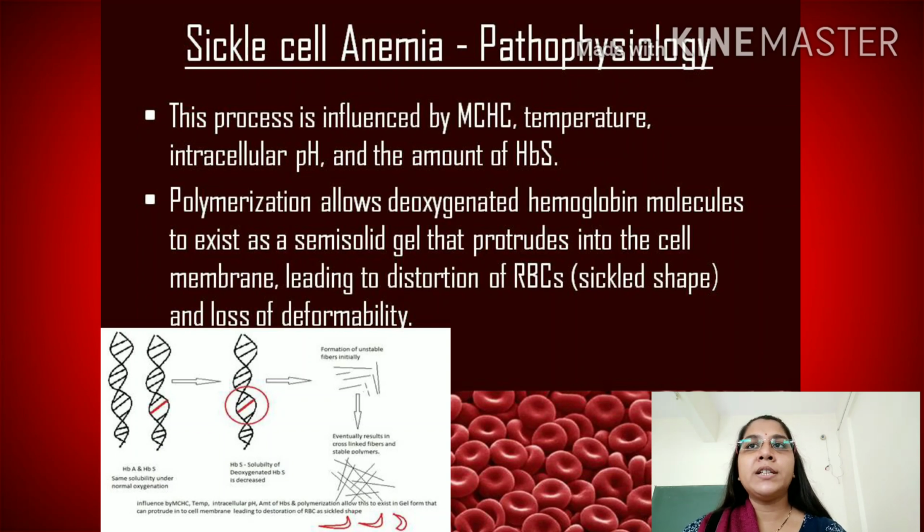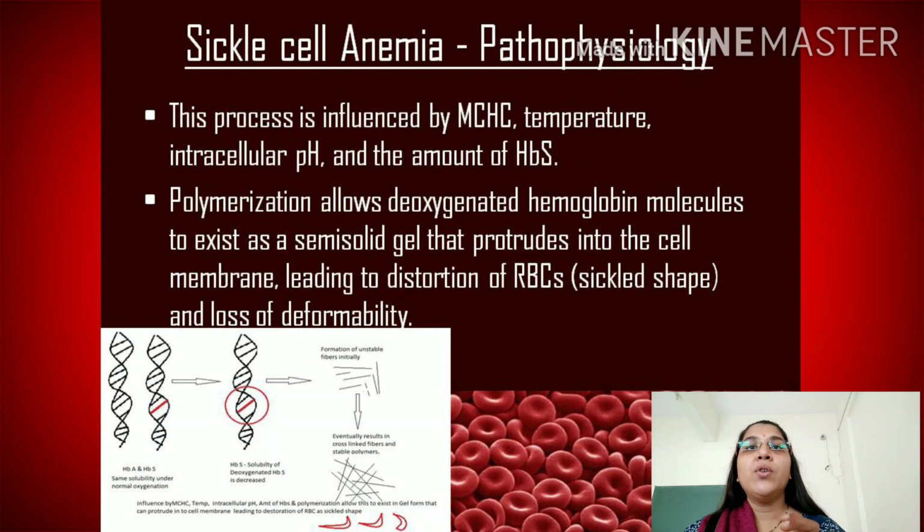Now, this polymerization allows the deoxygenated hemoglobin molecules to exist as a semi-solid gel. Now, this semi-solid gel can protrude into the cell membrane of the RBC. So what happens?